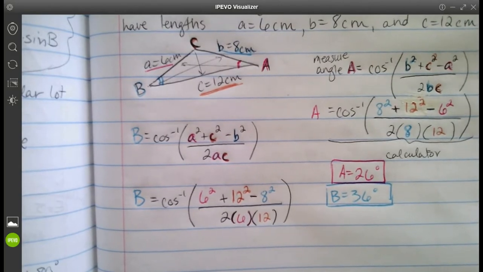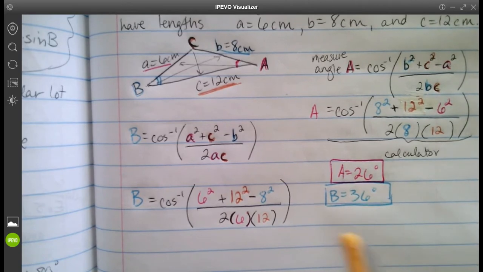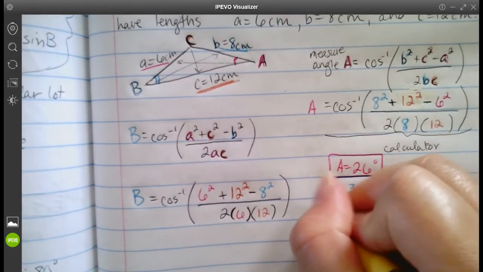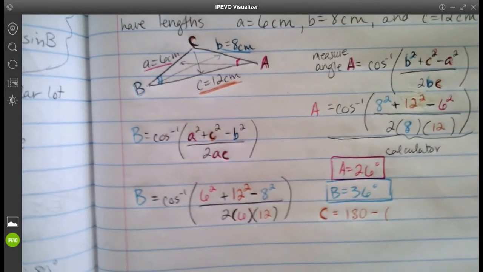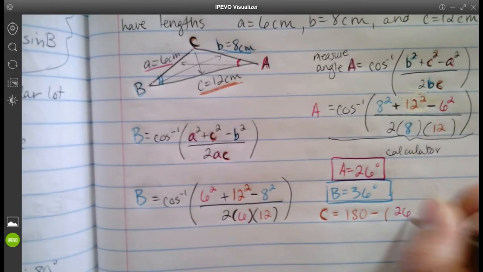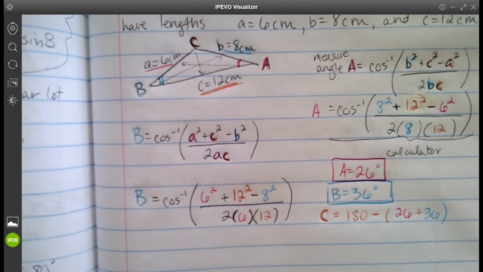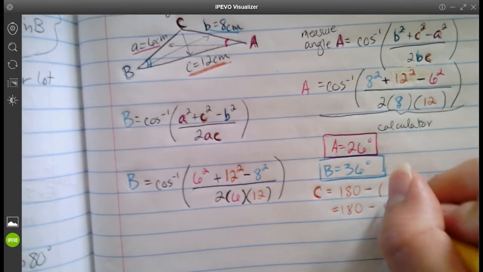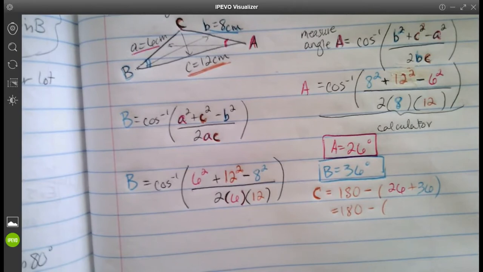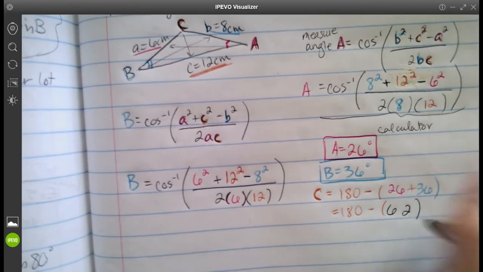Which means that letter C is going to be 180 minus the sum of these two. So for letter C, I'm going to do 180 minus 26 plus 36, which is hopefully not too big of a calculation. 26 plus 36: 6 and 6 is 12, carry the 1, 62.